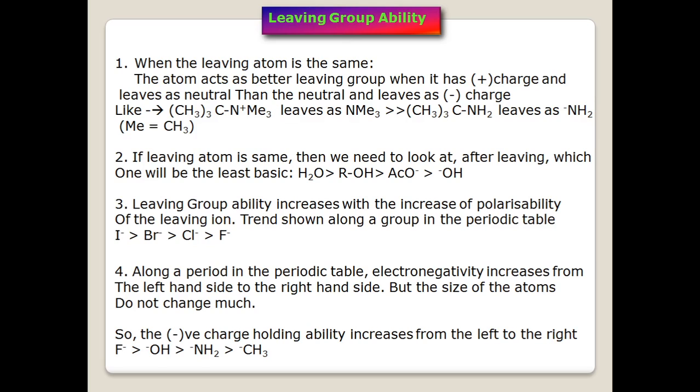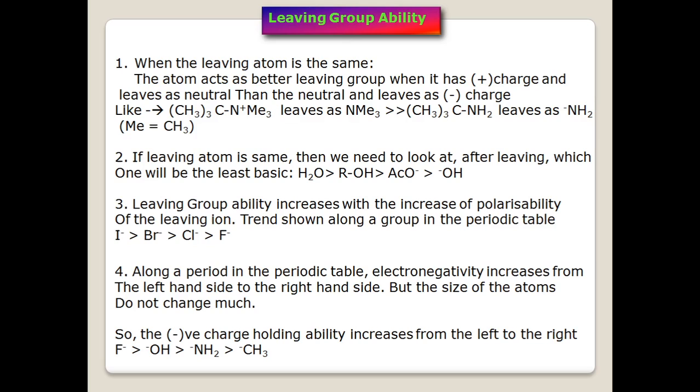When they form anions, as we all know, iodide ion is biggest in size. So the point is, the more the polarizability of the leaving group, the better it will be as a leaving group. Okay, what does polarizability mean? Polarizability means dispersion of the charge. More polarizability, more dispersed the charge is.